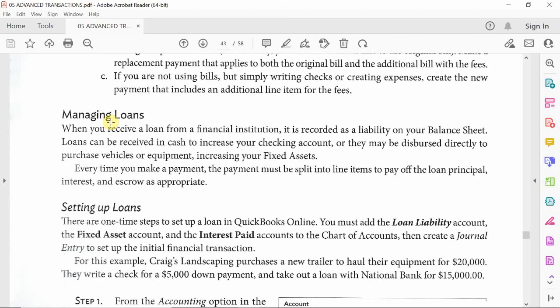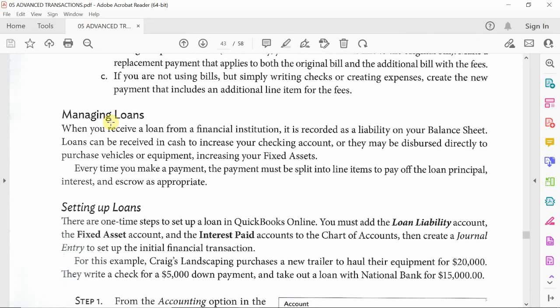Now, in this case, you don't have a loan manager, so you have to be very responsible for making sure that your loans are being paid off. One thing that always comes with loans is that you're always going to have interest expense.